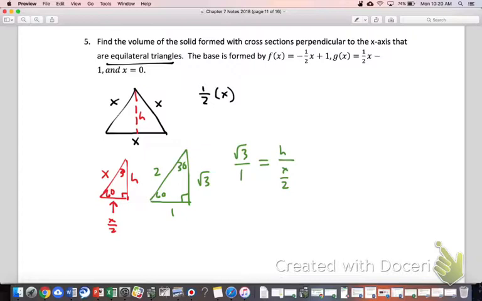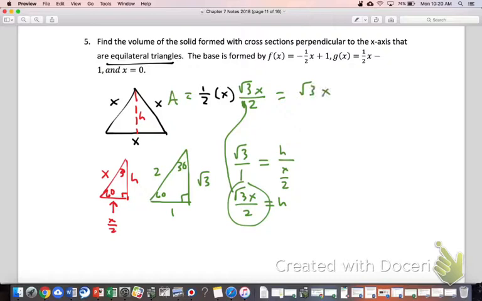And then you'd say that h is equal to root 3 x over 2. So if that's your height, you could then take this and import it right there, giving you an area. It would be root 3 x squared over 4, where x is the side length.